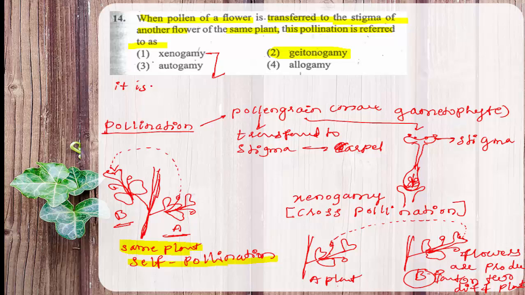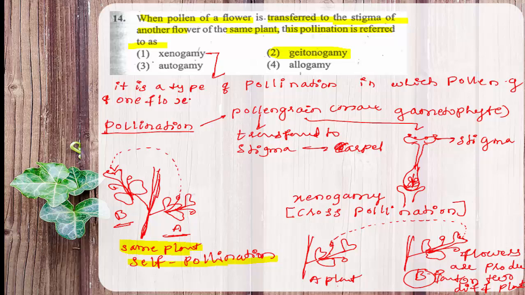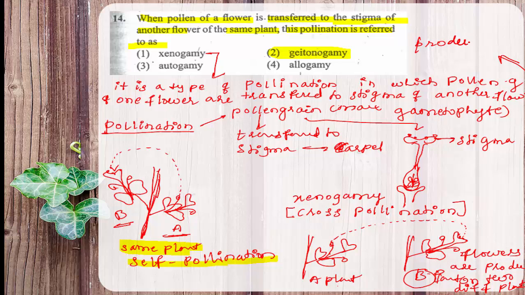It is a type of pollination in which pollen grains of one flower are transferred to stigma of another flower produced by two different plants.